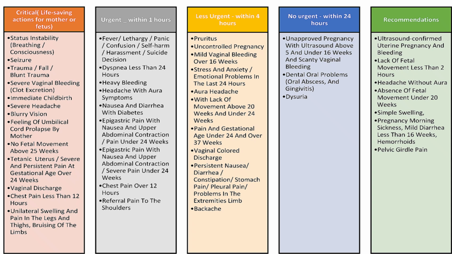So here the recommendations are ultrasound confirmations or uterine pregnancy and bleeding, lack of fetal movement less than 2 hours, headache without aura, absence of fetal movement under 20 weeks, simple swelling, pregnancy morning sickness, mild diarrhea less than 16 weeks and hemorrhoids, pelvic girdle pain. So these are the conditions we can treat as the normal symptoms during the pregnancy.